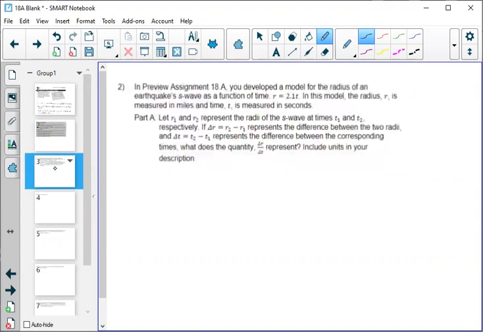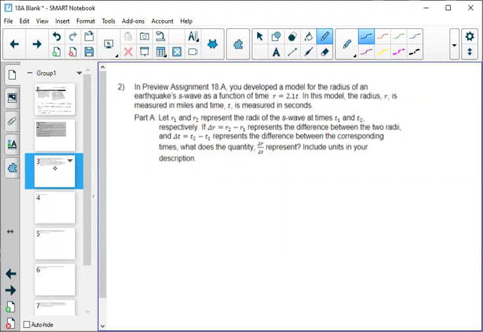2. In preview assignment 18A, you developed a model for the radius of an earthquake's S wave as a function of time, r equals 2.1 t. In this model, the radius r is measured in miles and time t is measured in seconds. Part A. Let R1 and R2 represent the radii of the S wave at times T1 and T2, respectively.